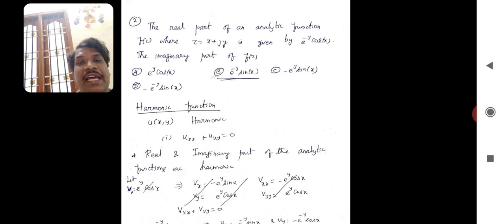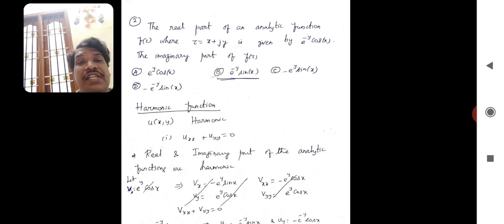Again it is a multiple choice question, which carries 1 mark. Before solving this question, let me share a few concepts related to the given question. First of all, we will see what is a harmonic function.